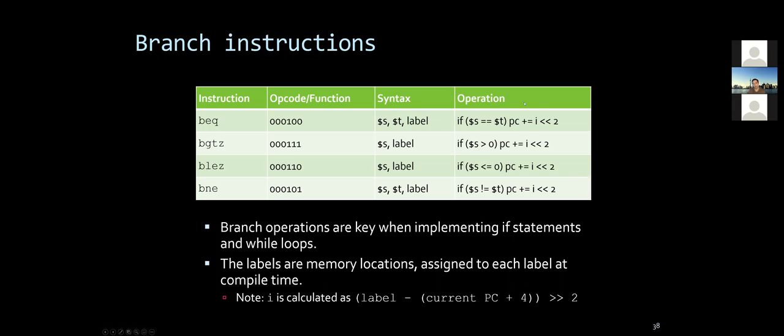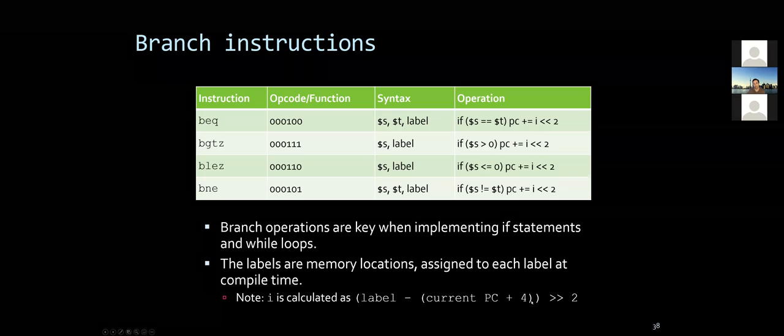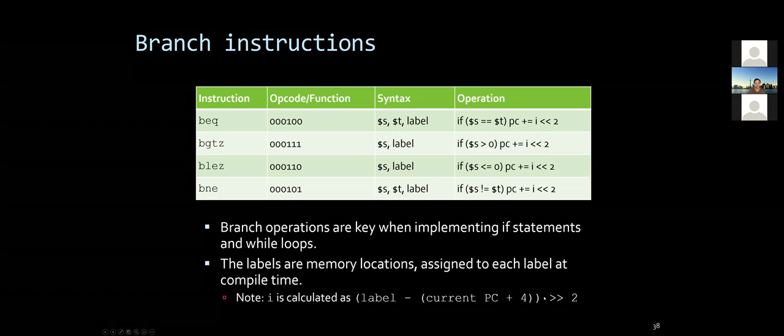And then the variable I is calculated using this formula. So it takes the label, subtracts the current PC plus 4, and then shifts it right by 2. I'll ask you, why do we shift it right two positions?